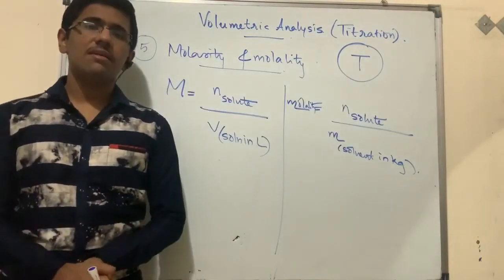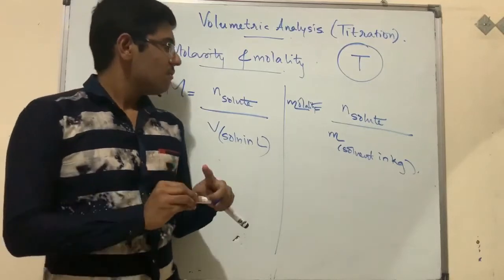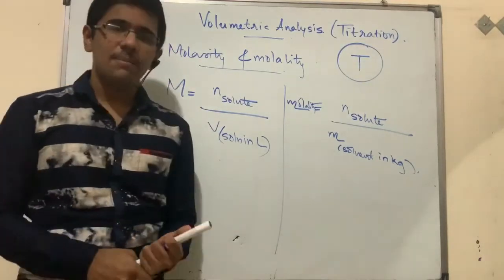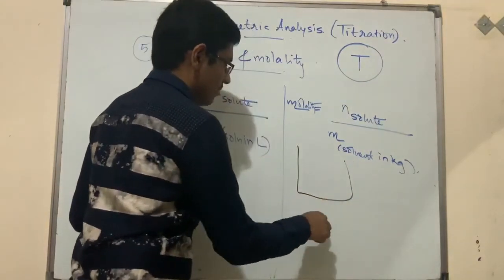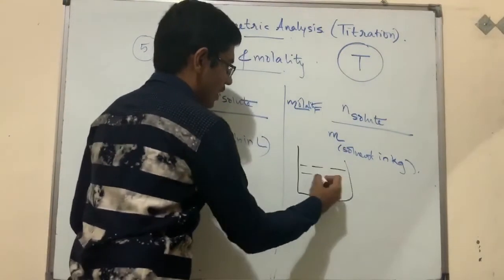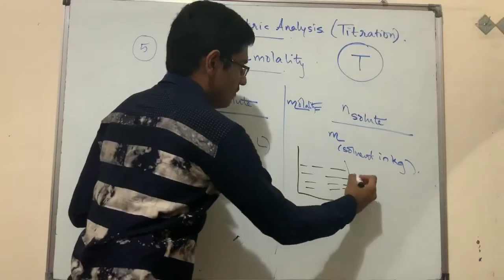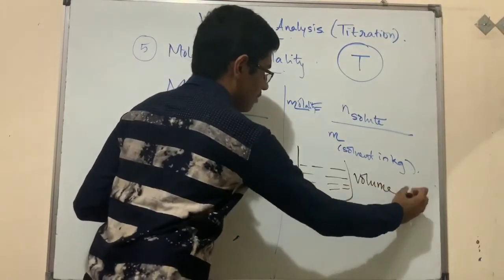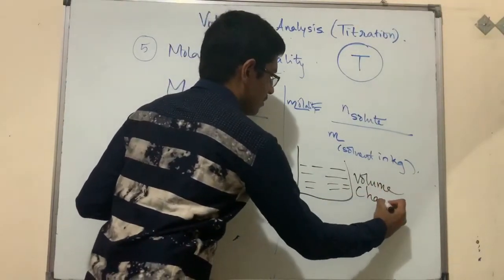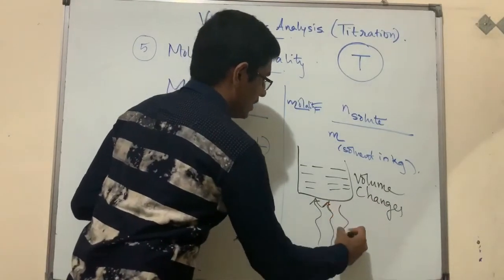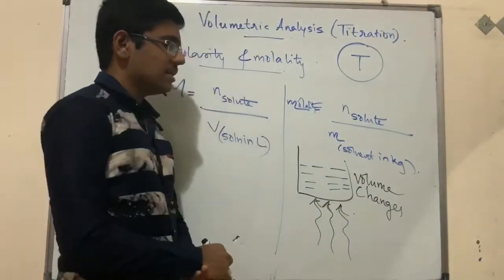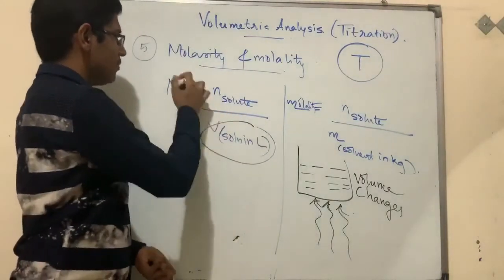Molarity is more dependent upon temperature. Here you have to see that volume depends upon temperature, because whenever you are heating a gas or whenever you are heating a liquid, its volume changes. So there will be small changes in the volume when you are heating a liquid. So this volume change means molarity changes.